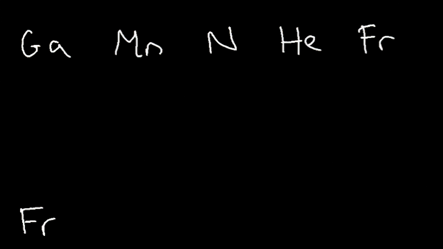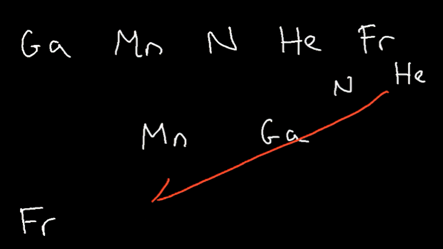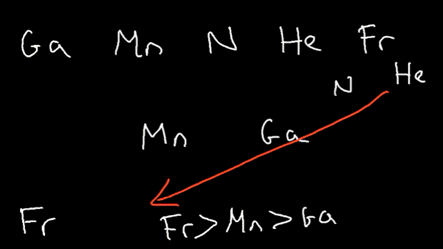And then you have manganese, which is a transition element. And then gallium is to the right of that. And then there's nitrogen and helium. So metallic character increases in this general direction. So if we want to rank it in decreasing order, we need to rank it from high to low. So francium has the greatest metallic character, then it's manganese, and then Ga, and then N, and then He.